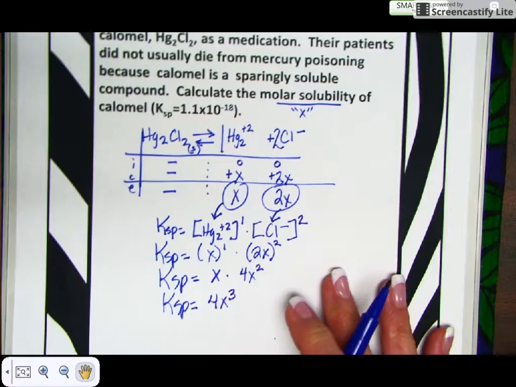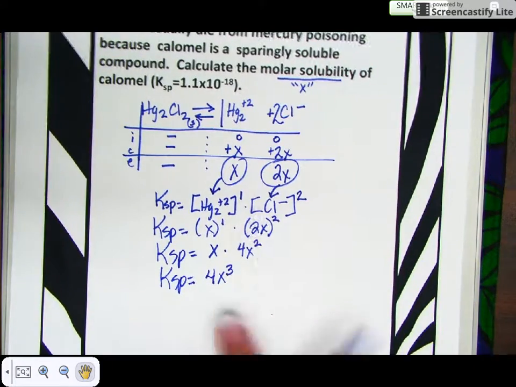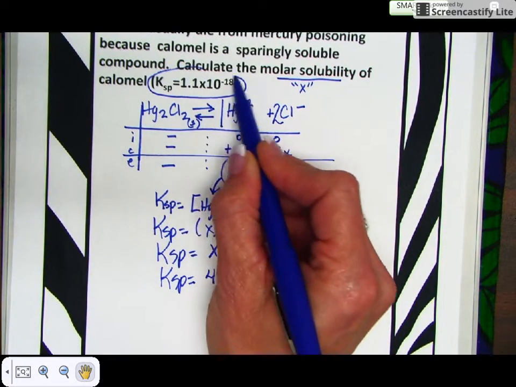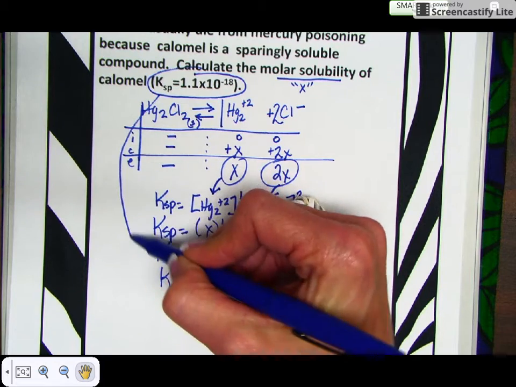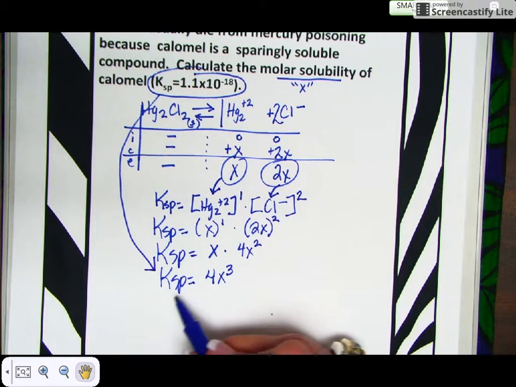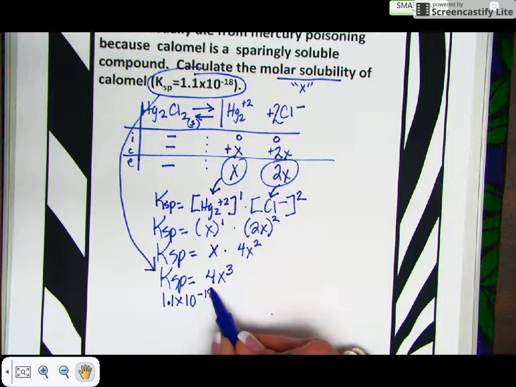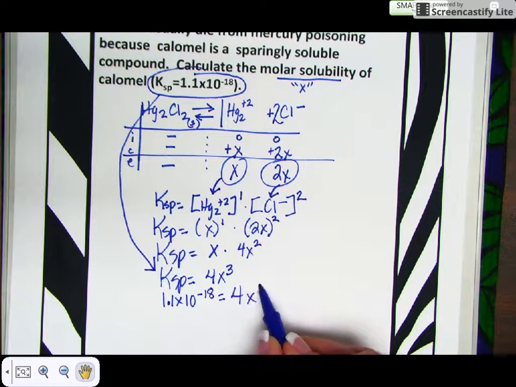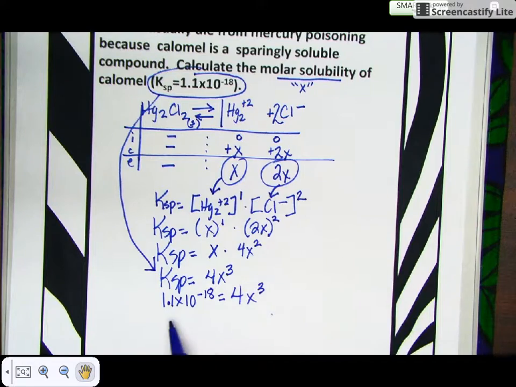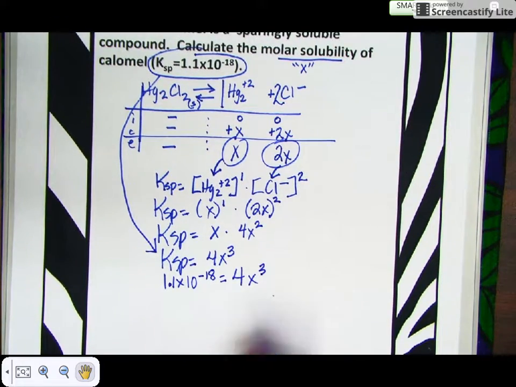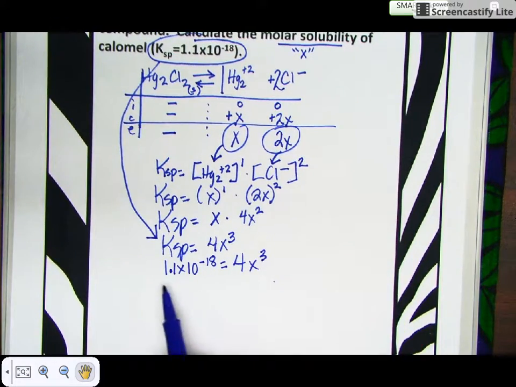Now that we have this in its simplest form, we can substitute in. We were told the Ksp value in the problem. That plugs in here. So 1.1 times 10 to the negative 18 equals 4x cubed. Solve for x. Again, we're solving for molar solubility. First thing is divide both sides by 4.